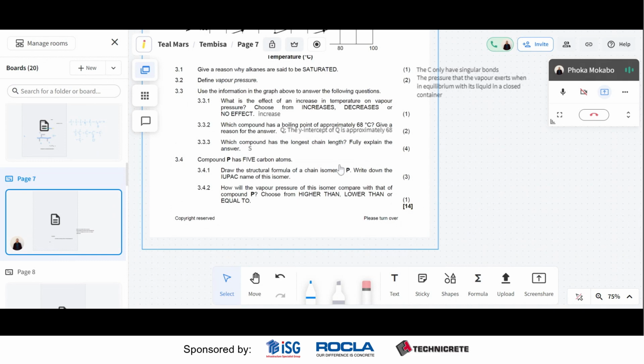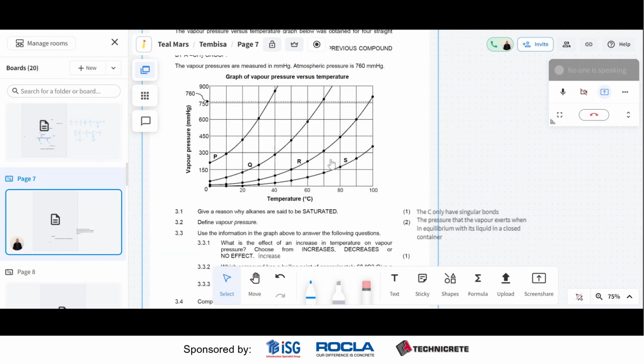Now, if you look at the graph, at any point of vapor pressure, indeed S has the lowest. Sorry, at every given temperature, S has the lowest vapor pressure of each compound.